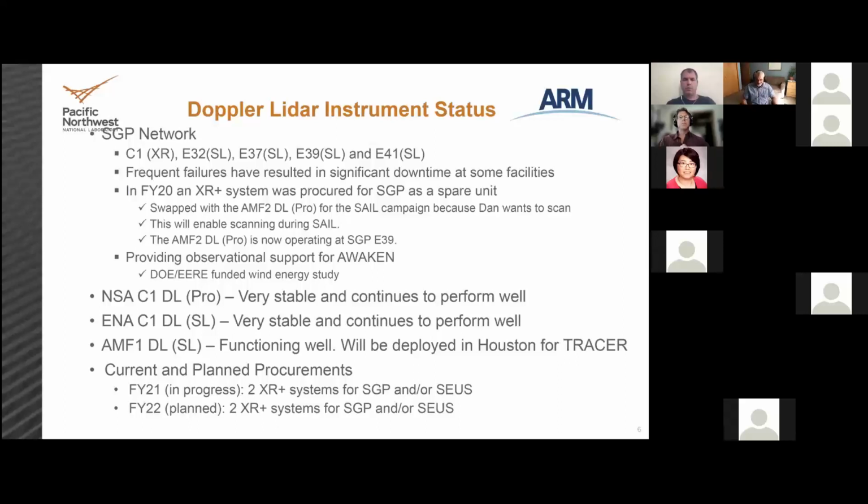Currently in progress this year, we have procurement for 2 XR Plus systems slated for either SGP or the new Southeast US site. And we will repeat this again in FY22 with procurement of 2 additional XR Plus systems. Next slide, please.